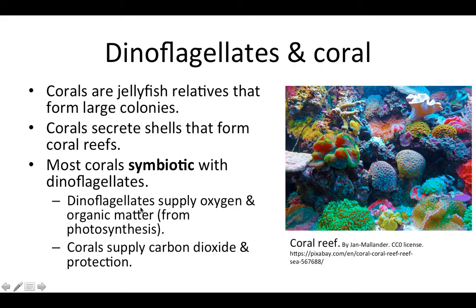Specifically, the dinoflagellate will supply oxygen and organic matter that it makes from the process of photosynthesis. This is basically providing both gas for respiration and also something for the coral to eat. The organic matter could be things like sugars.